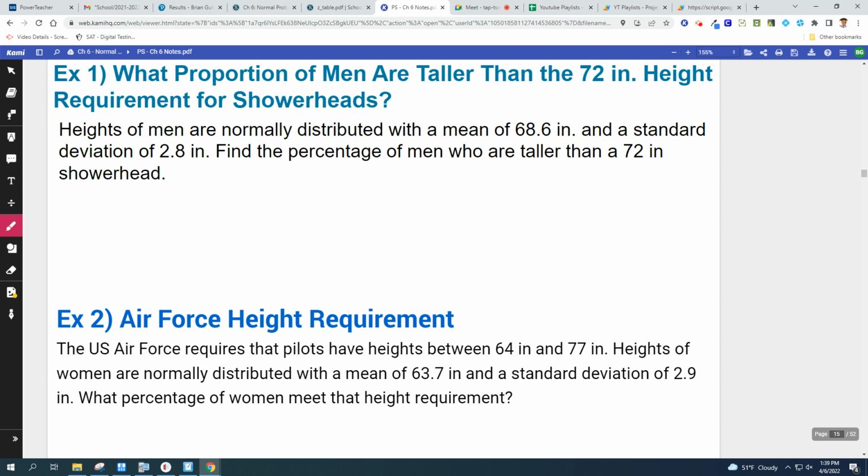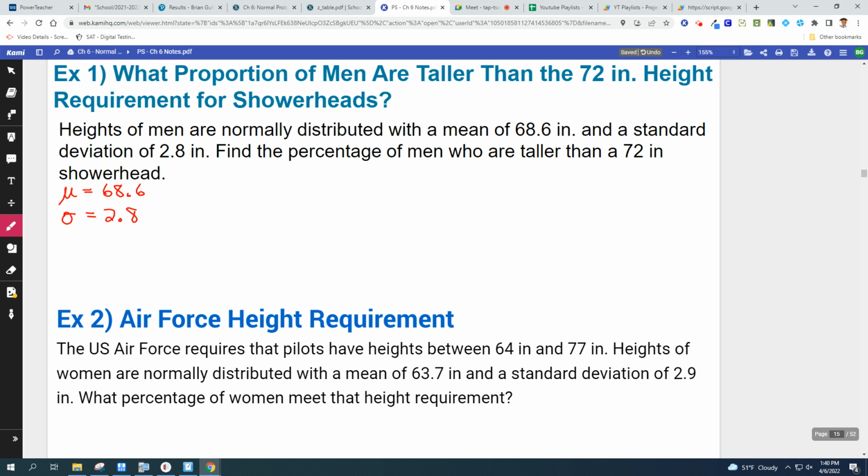Okay. So first thing I would do maybe is just kind of write down what they give us. And they're giving us a mean of 68.6 and a standard deviation of 2.8. So we start with that. This is how it's different than the last lesson.